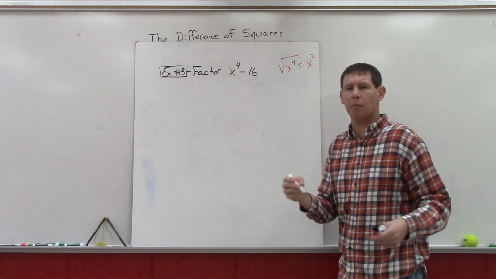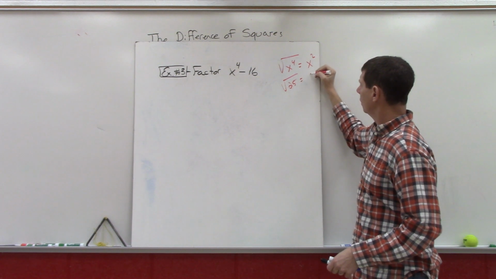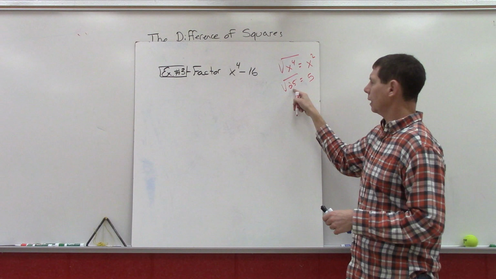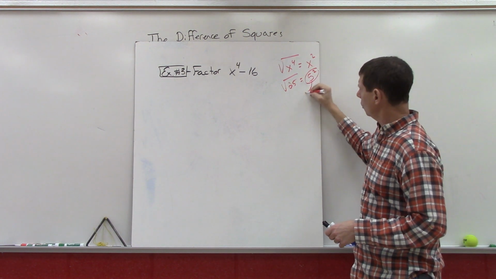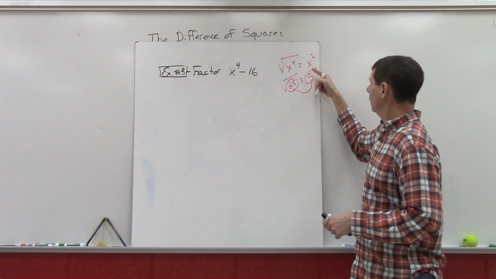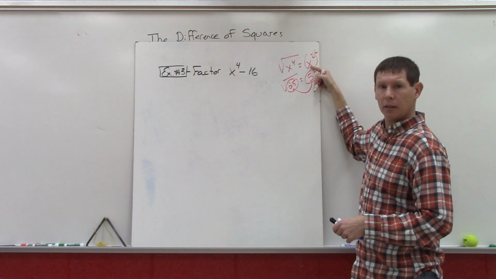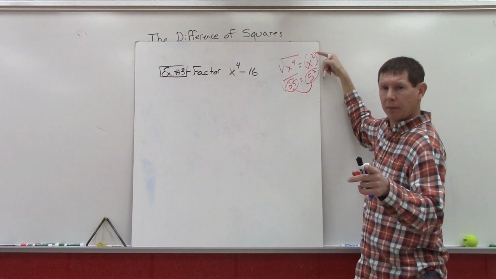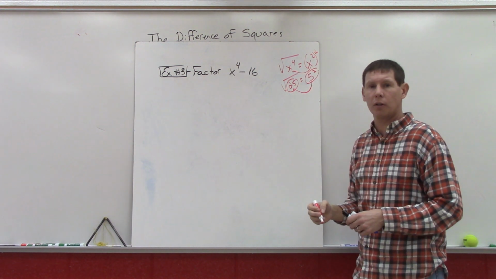Okay? And if you think about it, let's just look at a number first of all. We know the square root of 25 is 5. Okay? Which means to get the number under the radical sign, if I square it, we should get the number that's underneath the radical sign. Which means x squared, if I square it, in our exponent property here is when we have exponents stacked on top of each other and we multiply them together, gets you to x to the fourth.